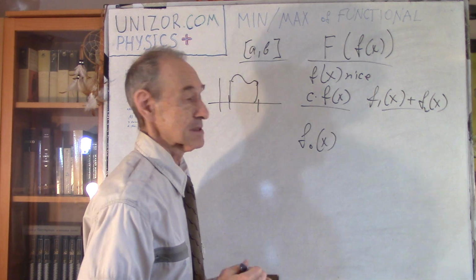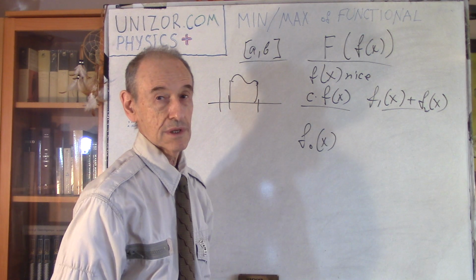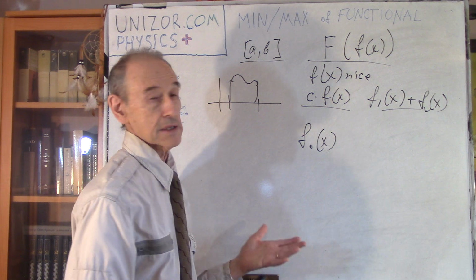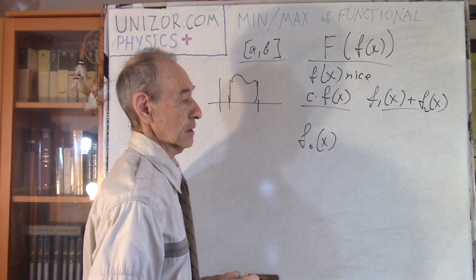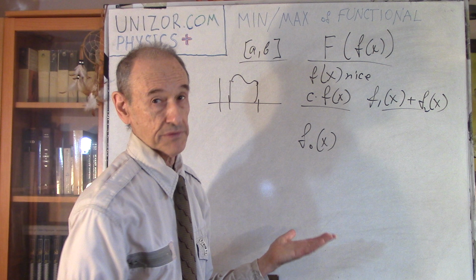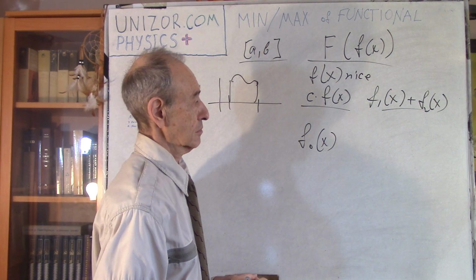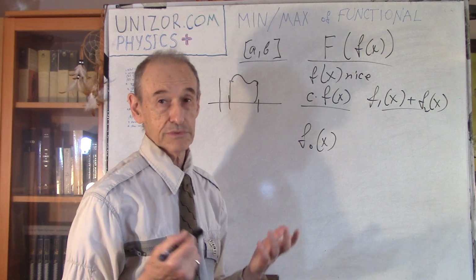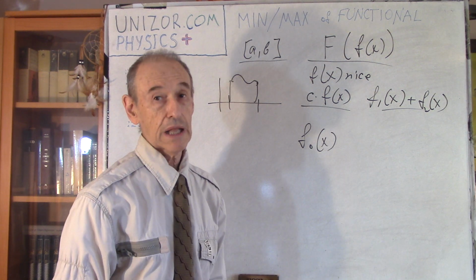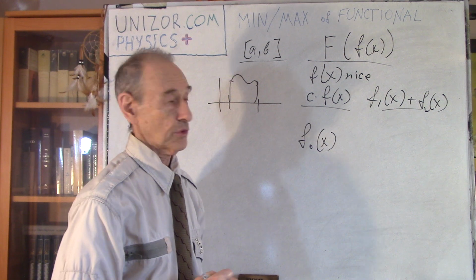So we need a distance between two different functions. Well, here is my suggestion. As we have in vectors in the Cartesian system of coordinates, we have a concept of a distance and we have a concept of scalar product.